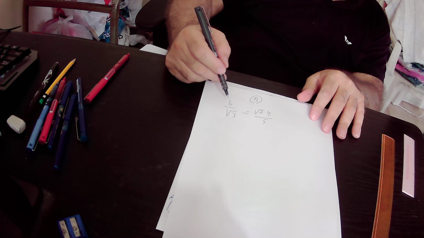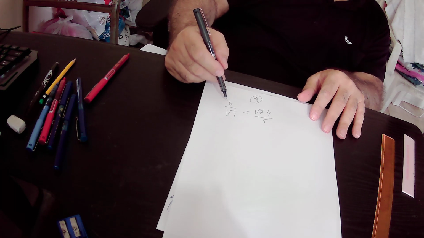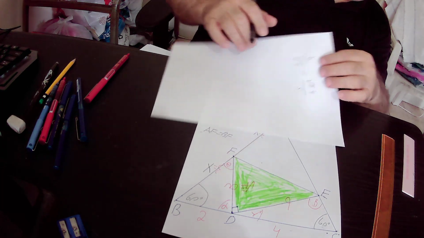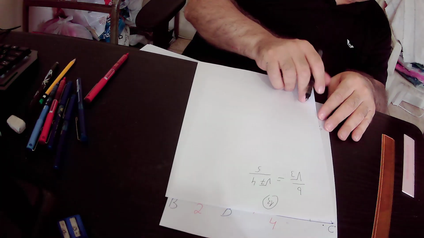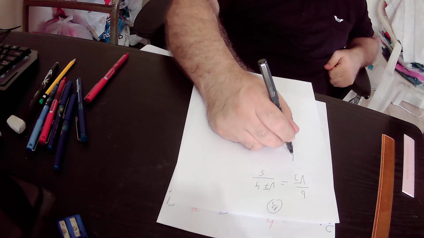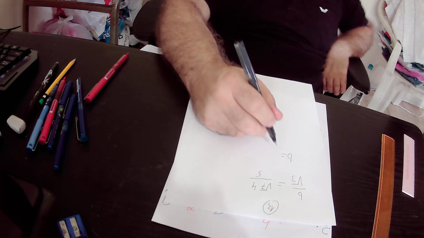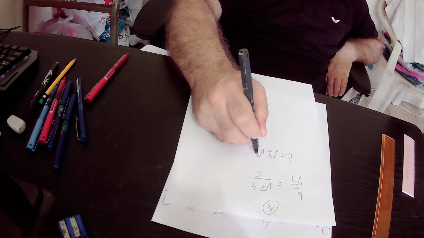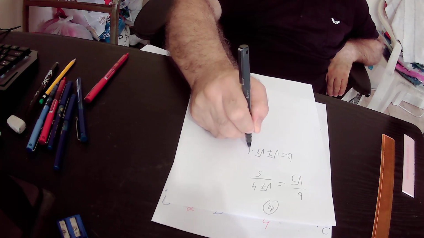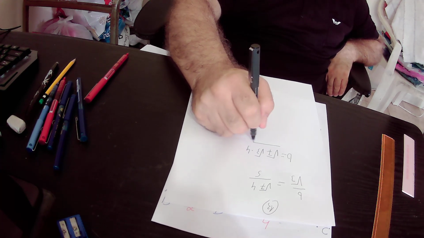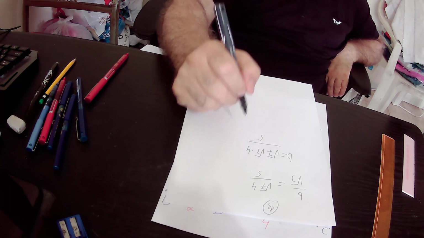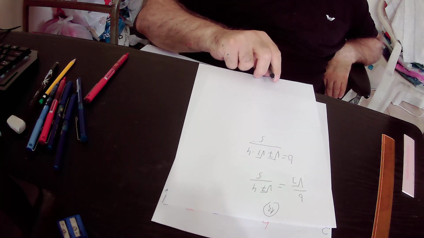Here we will multiply this equality by root 3 in order to get the value of B. Okay, and we will get that B equals root 7 times root 3 times 4 over 5 units. Okay.